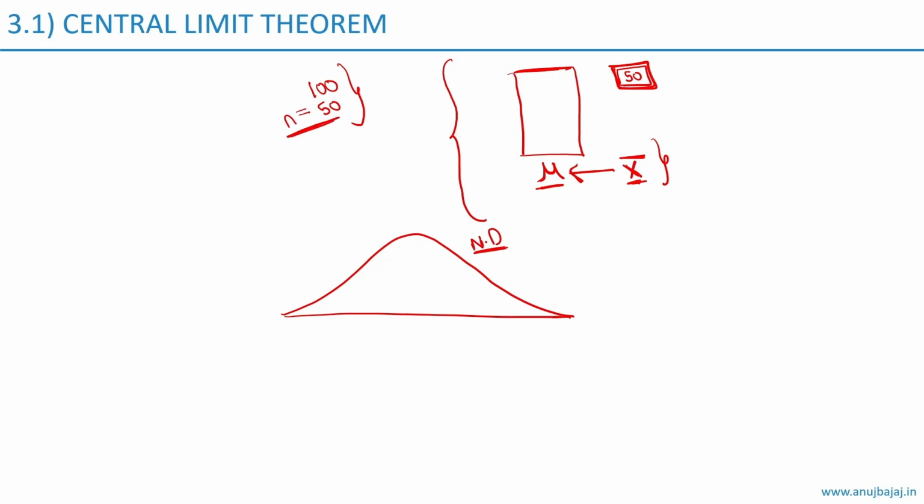So the sampling distribution of the sample mean will be normally distributed, and the average of all the sample means will be approximately equal to the population mean, and the standard deviation of this distribution will be the square root of the population variance divided by the sample size. And this is what we are concerned with in the central limit theorem.